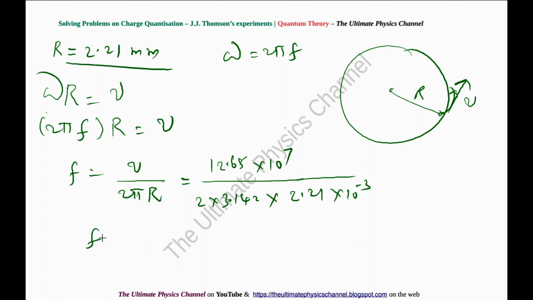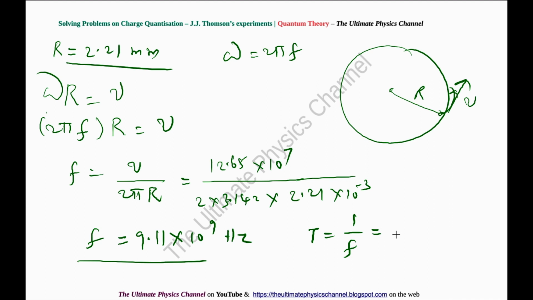So if you substitute these numbers, the frequency turns out to be 9.11 times 10 power 9 hertz. That is the frequency. Of course, time period they've asked, that is 1 over this frequency. If you do that, you get 1.1 times 10 power minus 9 seconds.